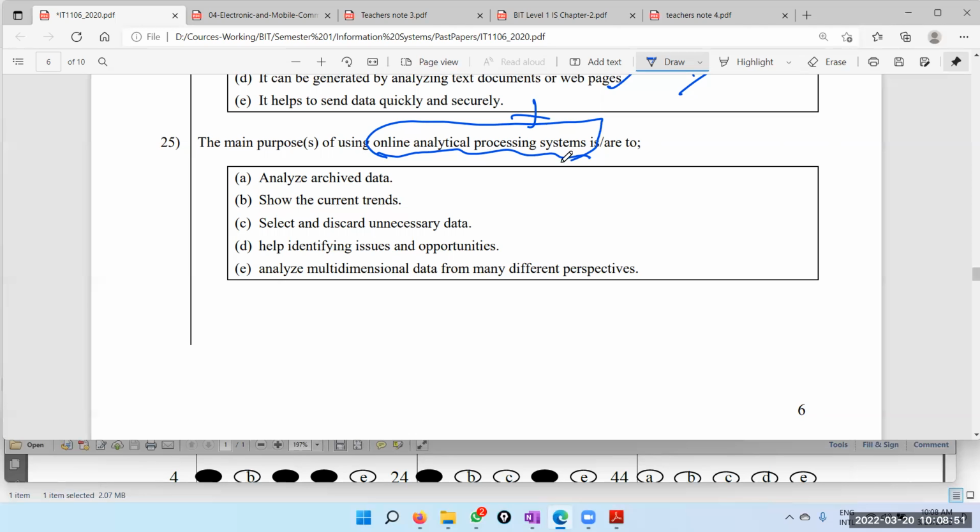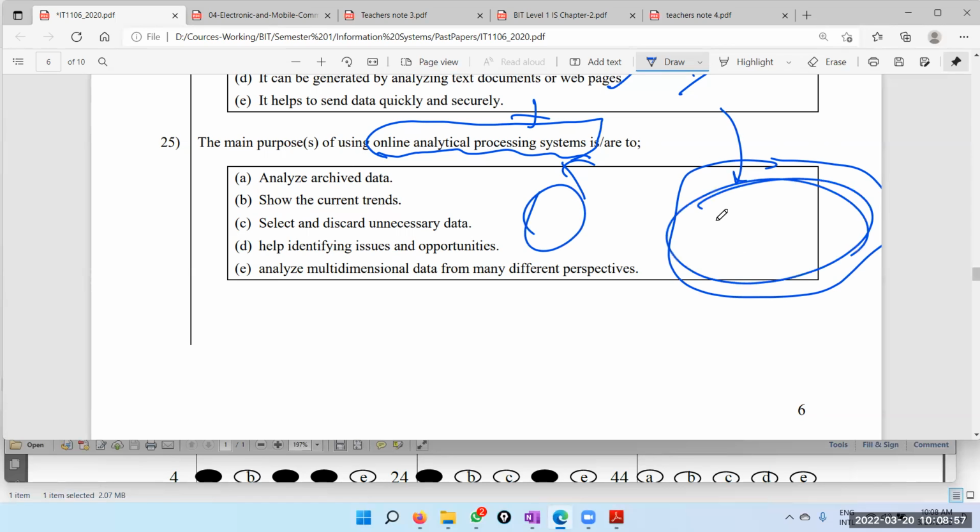Online analytical processing means you are analyzing your current systems, not the data warehouse. It gives you the view of the current situation, short-term trends. Analyze archived data. No. Archived data is analyzed by data mining tools. Show the current trends. Obviously, yes. Current trends, not historical trends.